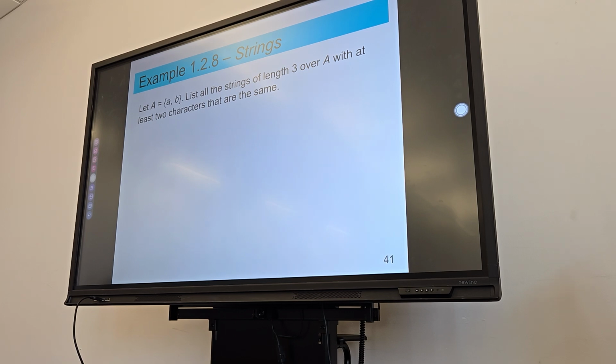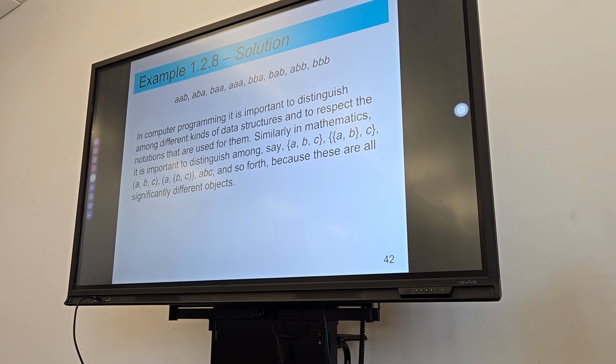So let A be {a, b}. List all the strings of length 3 over A with at least 2 characters that are the same. So that would be aab, aba, baa, aaa, bba, and so on and so forth.